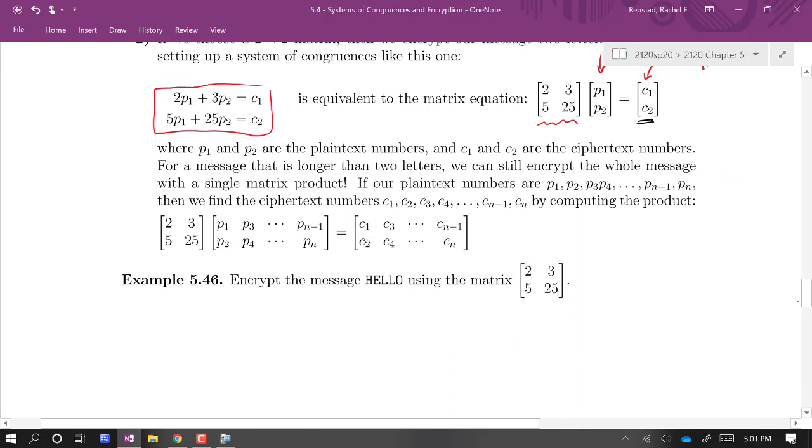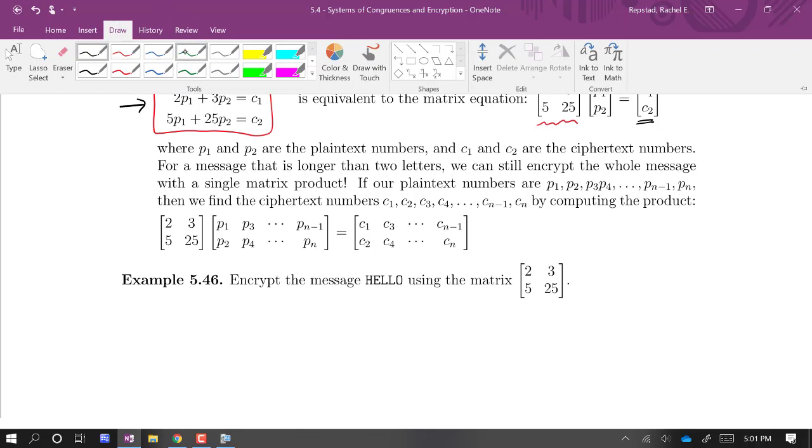When we do this, each system of equations encrypts 2 letters at a time. So you look at this and it seems like, oh, we're going to have to find this product and then this product and then this product and string them together to get our ciphertext. But you can actually encrypt the whole message in one go. You just put your plain text message in one matrix.